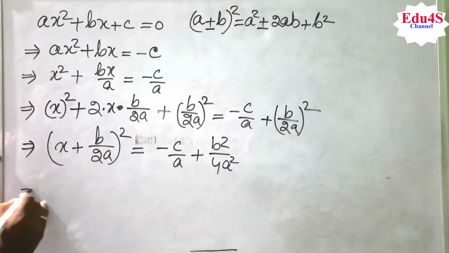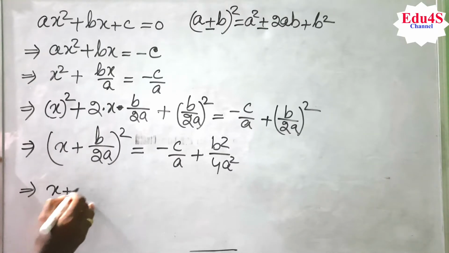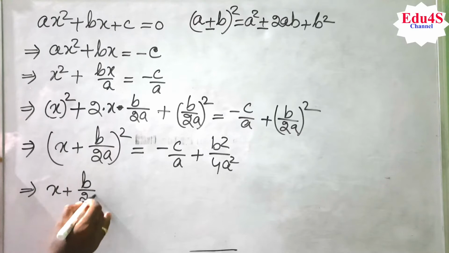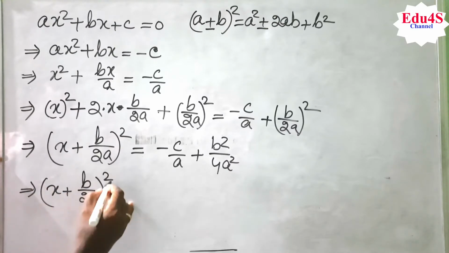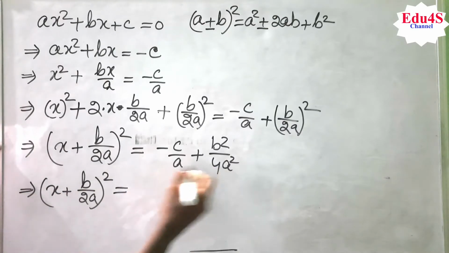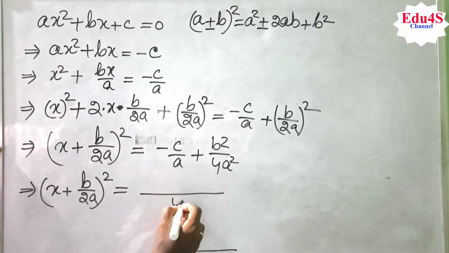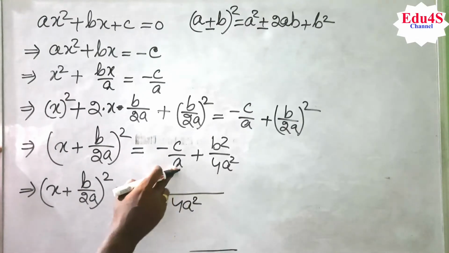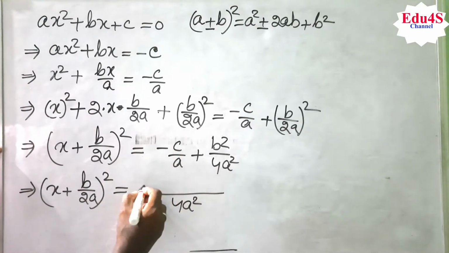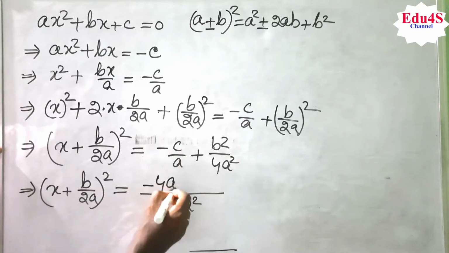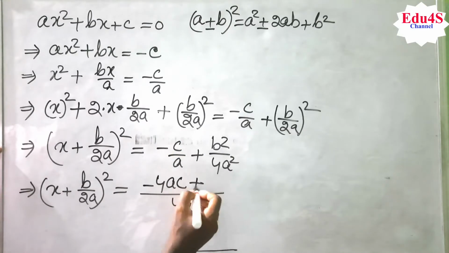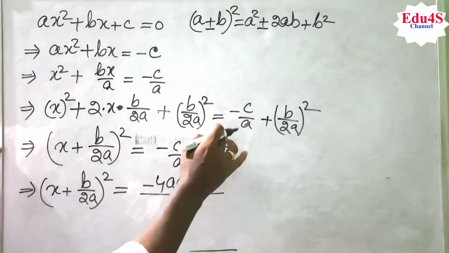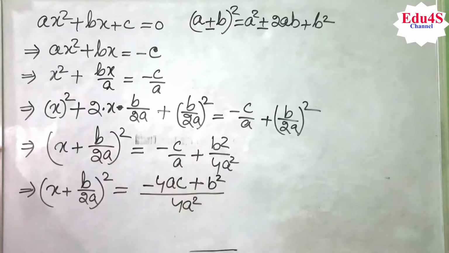Now this implies x plus b by 2a whole square is equal to how much? Take the LCM. So you will get 4a square, then divide by a, you will get 4a, and multiply with minus c, you will get minus 4ac. Then the 4a square on the other term will be cancelled, so you multiply 1 with b square. So that is b square.